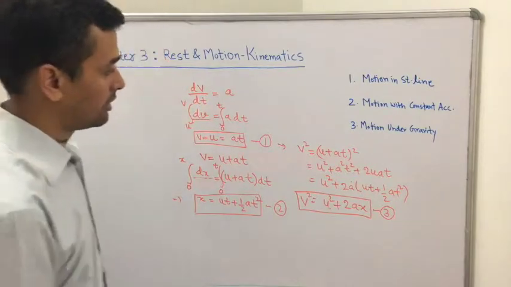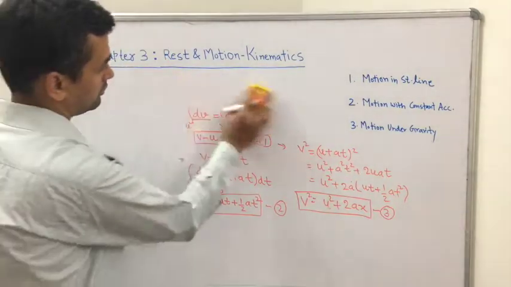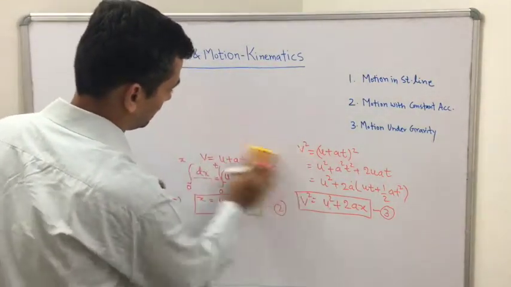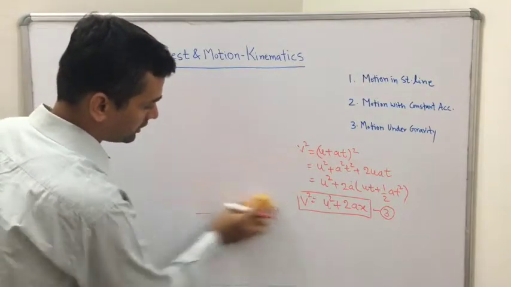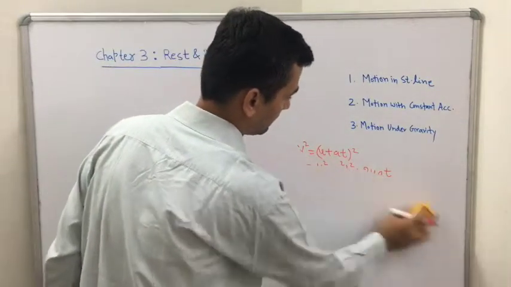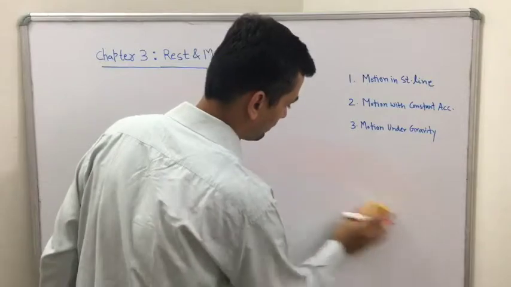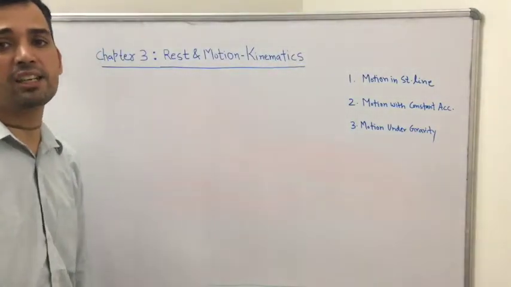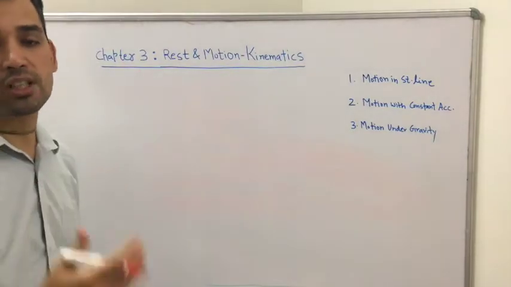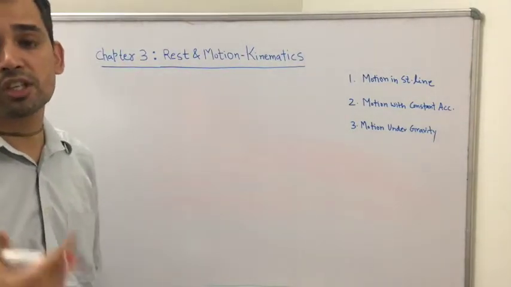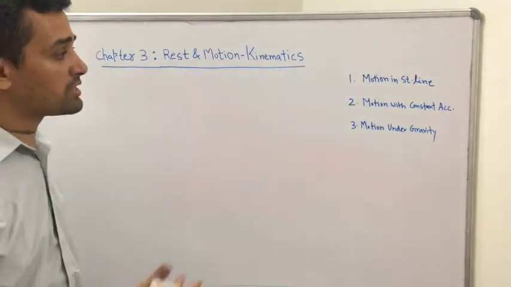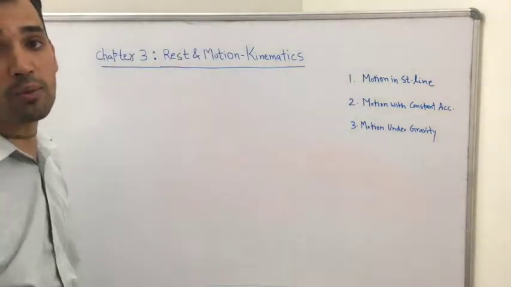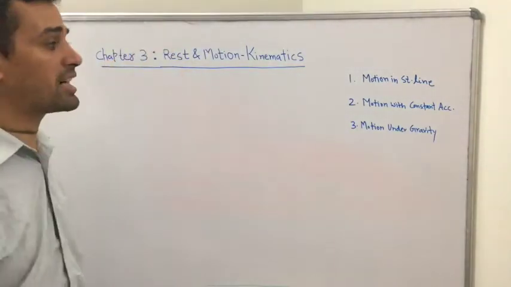Now let us try to study the motion under gravity, which is also an instance of motion in a straight line. When any object is dropped near the Earth's surface and we assume there is no air resistance, we consider this motion of a freely falling body as a motion in a straight line.